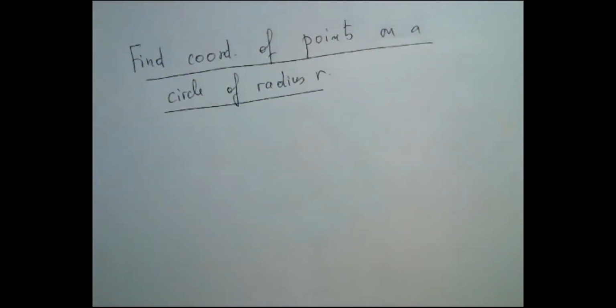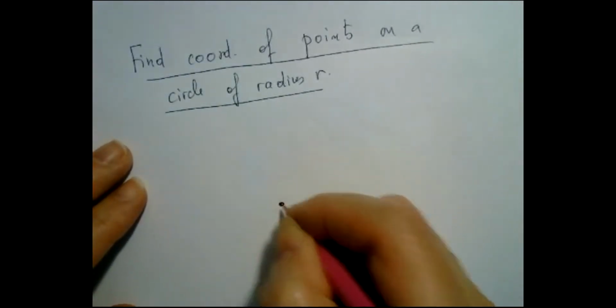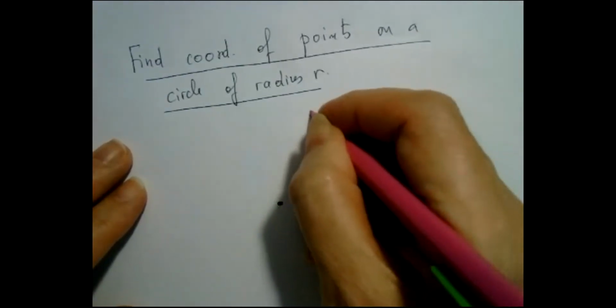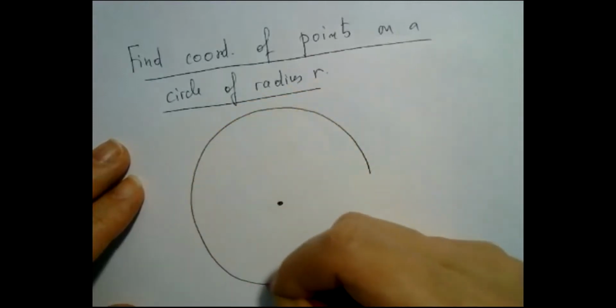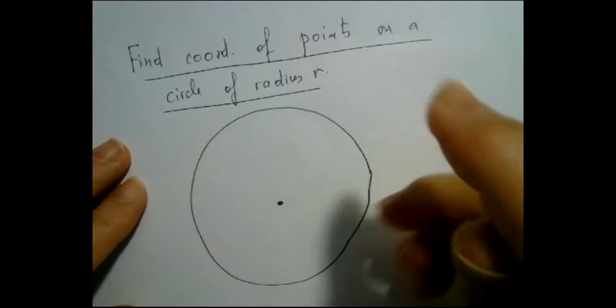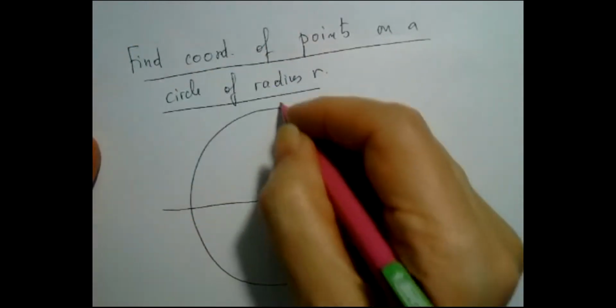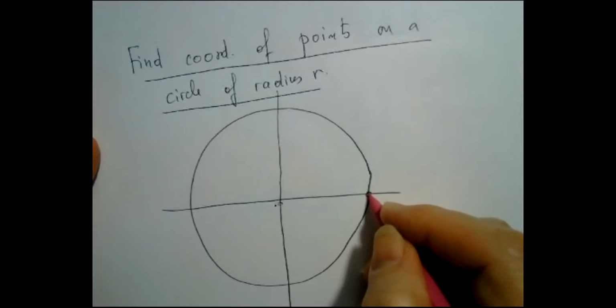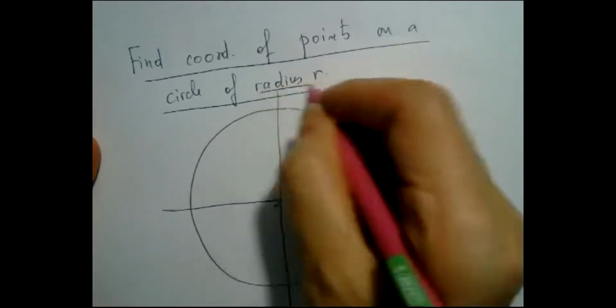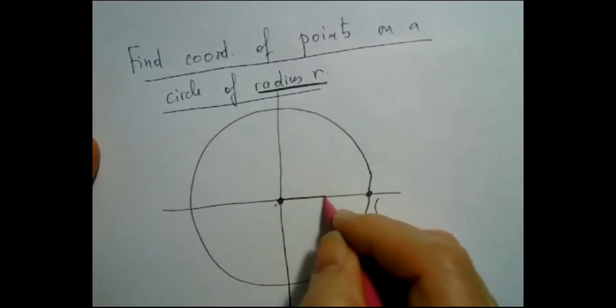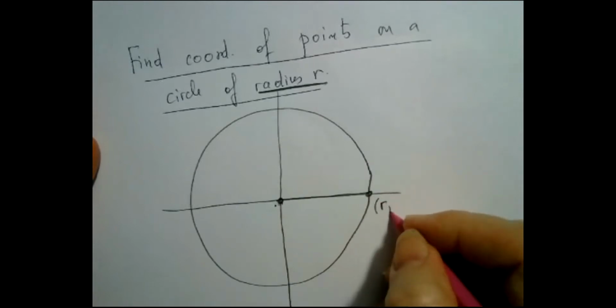So let's see what I'm talking about right now. Suppose we have a circle, but this time the circle is not the unit circle. This is a circle of radius r. It means if this is 0, from here to here I have r.